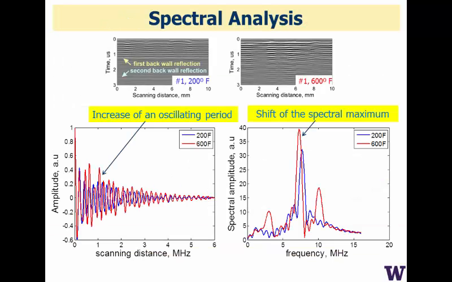Here's a case where we take the opposite approach: we now look at the actual high-frequency structure signal itself, shown as a spectrum on this side. This is the signal amplitude as a function of frequency. We compare that structure signal, which is the peak in the spectrum, at 200 degrees versus 600 degrees, and we see that there is a redshifting, or a displacement, of the frequencies to lower frequencies.